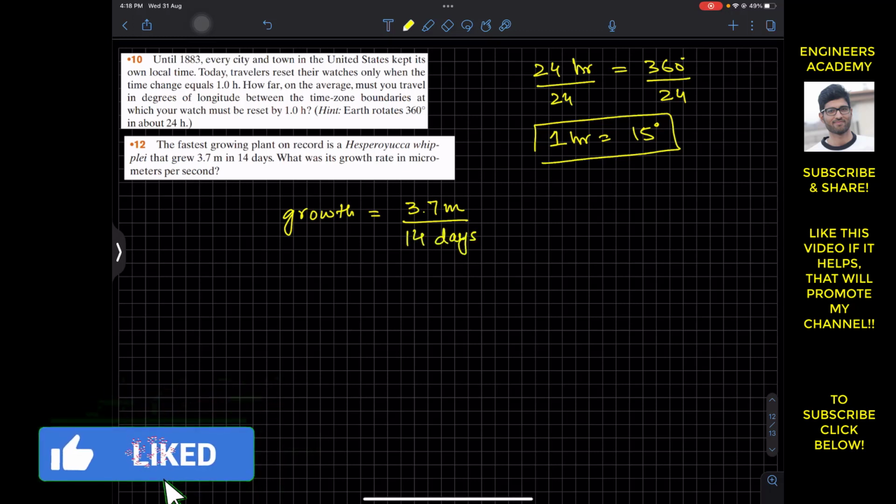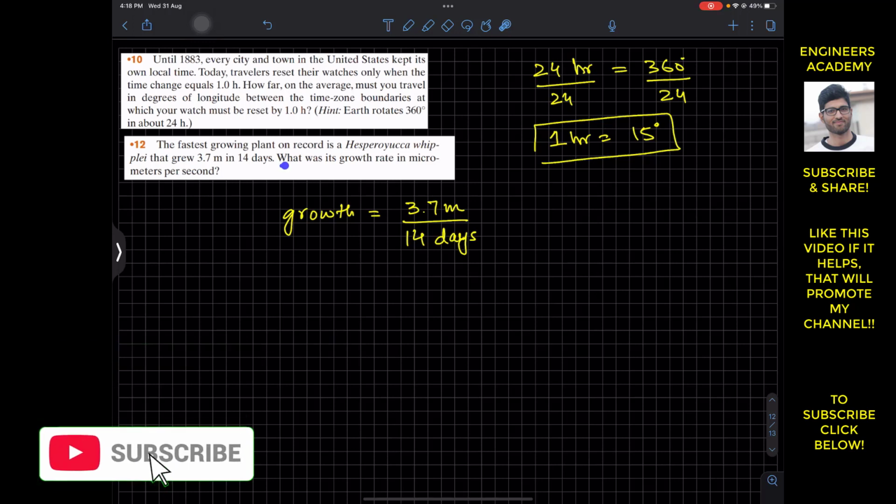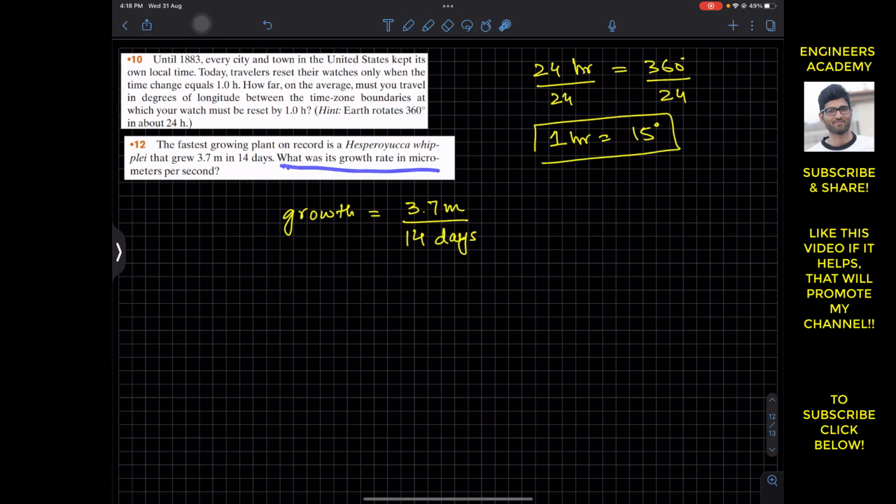What was its growth rate in micrometers per second? So we need this growth in micrometers per second. So we need to convert this meter into micrometer and this days into seconds.